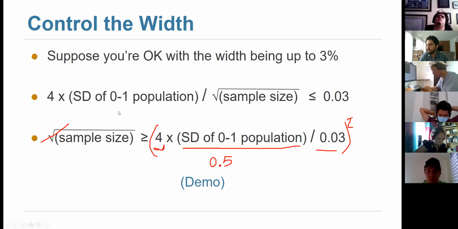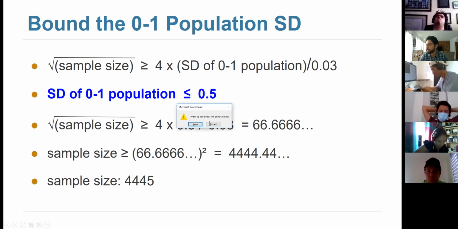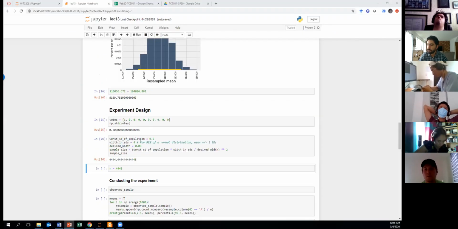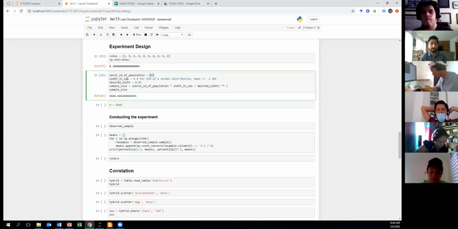So that's what I'm doing here. I have that 0.5, which is my standard deviation of the population in the worst case possible. I have this 4, which is the width in standard deviations. I have this desired width. Those are the numbers I'm putting in this equation to calculate my sample size.